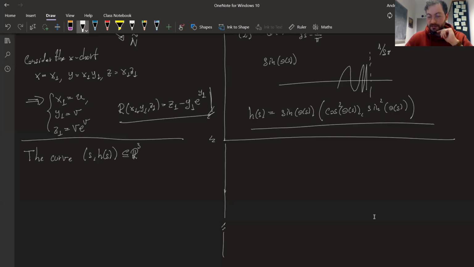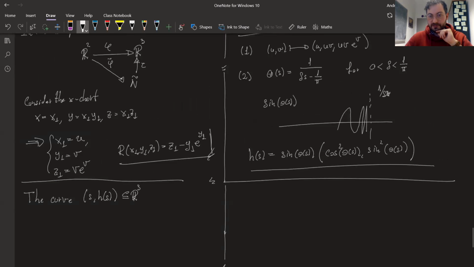So once we get close to 1 over delta pi, we're going to actually be dense, and we're going to approach all of the points of the unit circle, over s equals to 1 over delta pi.